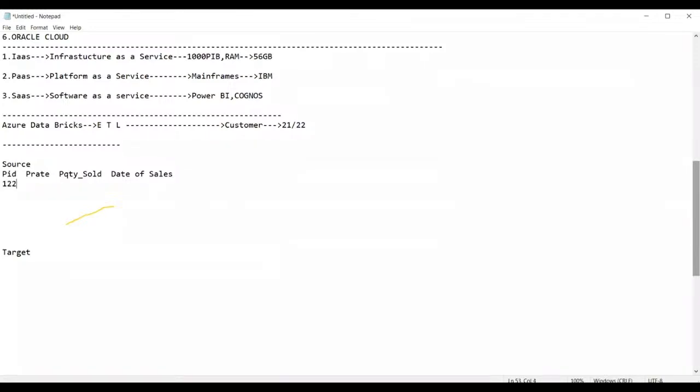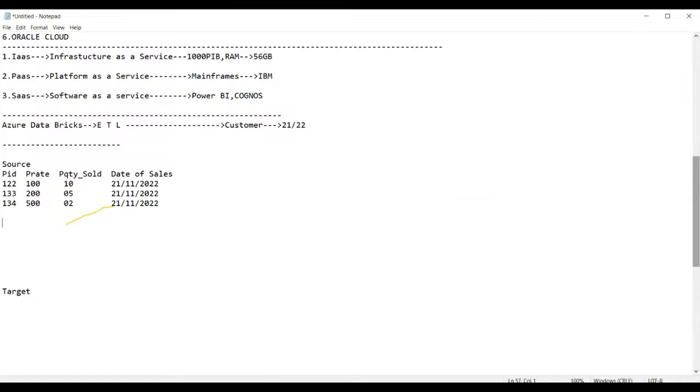Let us give the product rate as 100 rupees, the quantity sold is 10, and the date of sales is 21/11/2022. Then the next product has a rate of 200, quantity sold 05, date 21/11/2022. Then another with 500, quantity 02, and 21/11/2022.